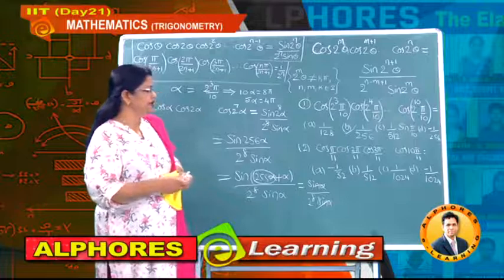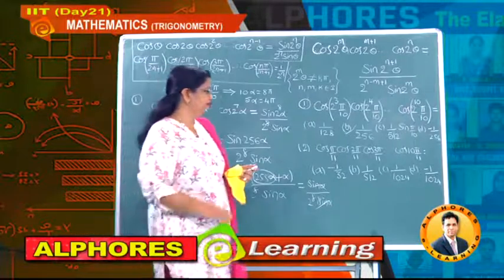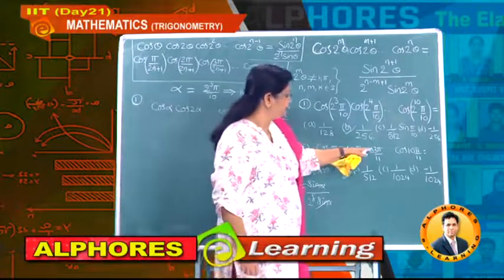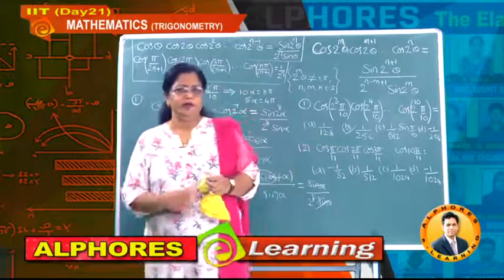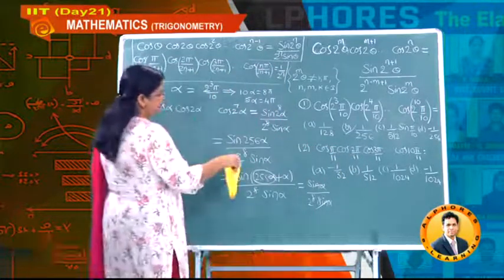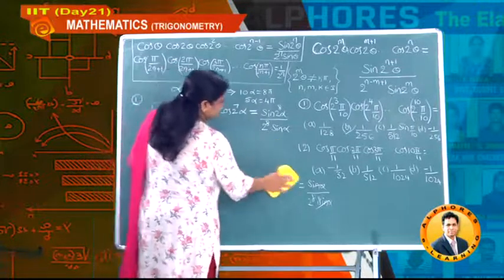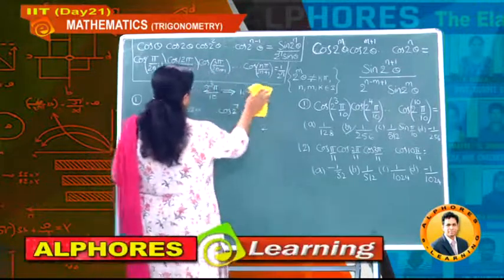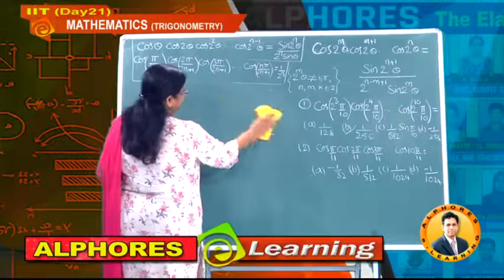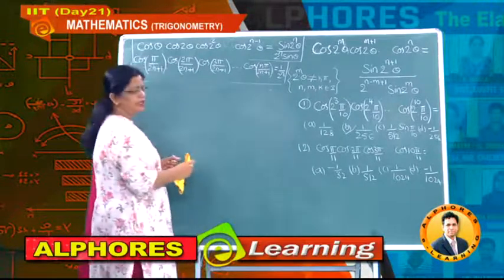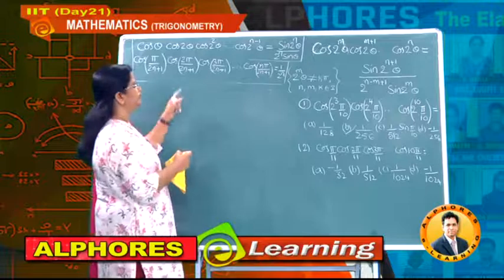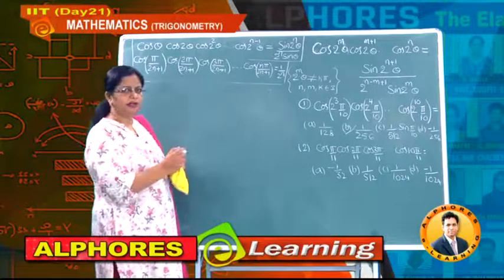The second one is consecutive integers given here, 1, 2, 3, etc. up to 10. What is the base value given? That means the denominator value is given as 11. So whenever the denominator is an odd number, let us have a glance whether this formula is suitable or not.